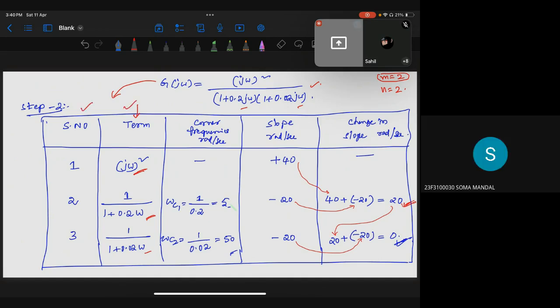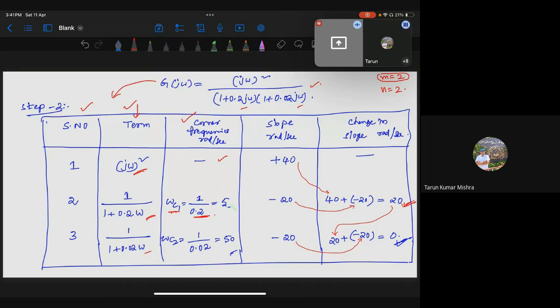Then we find something called corner frequencies. For the first term we don't do anything because we are not interested in that. For the second term, the corner frequency is nothing but the inverse of the time constant.